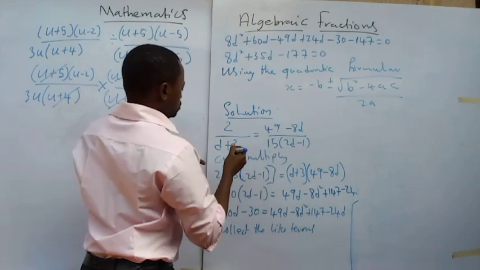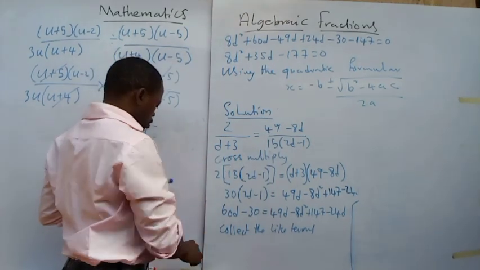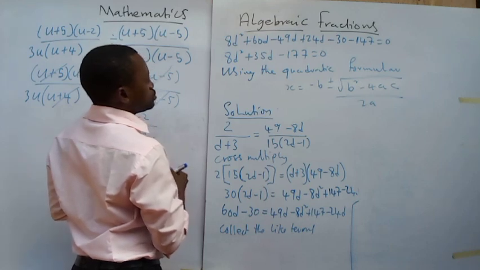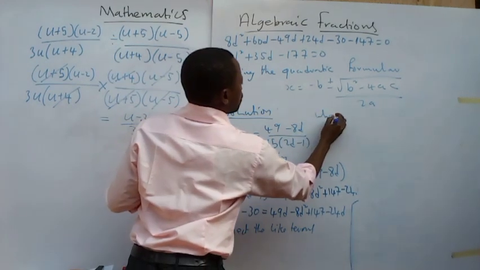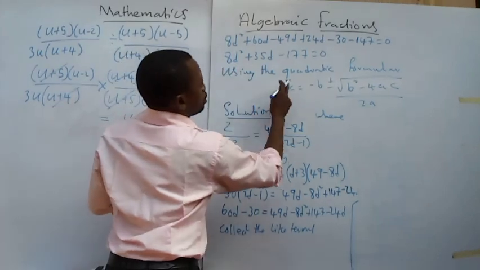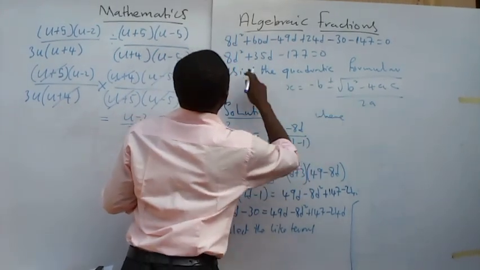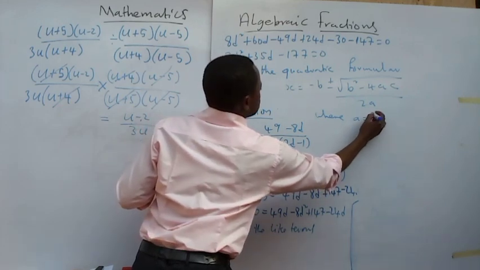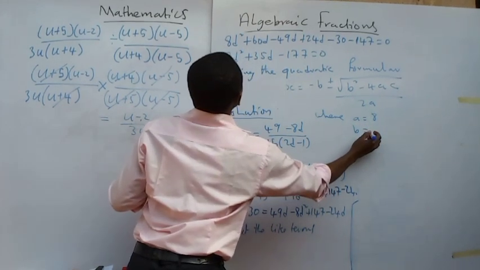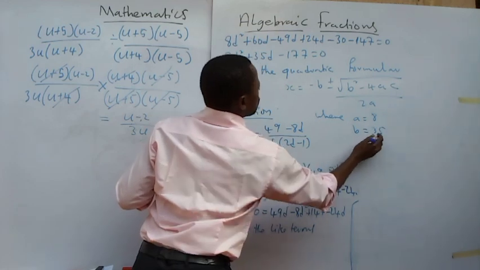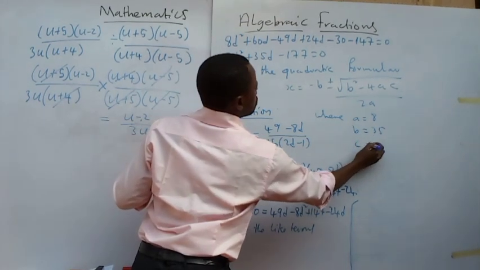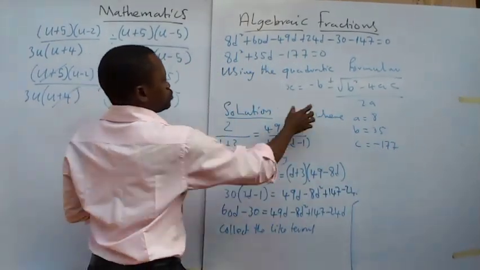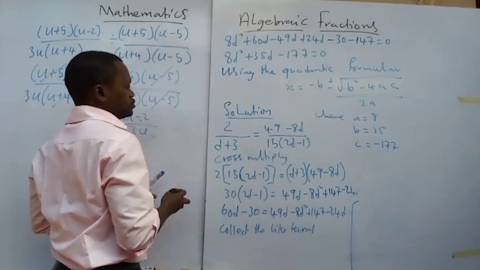Okay, that's the quadratic formula, and we are going to deploy that. Here, a is 8, b is 35, and c is minus 177. So we can substitute all of them inside here and solve.